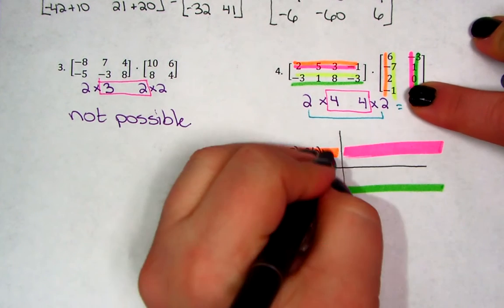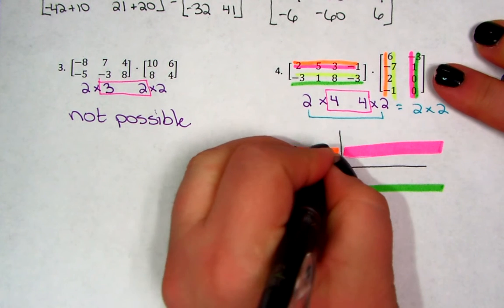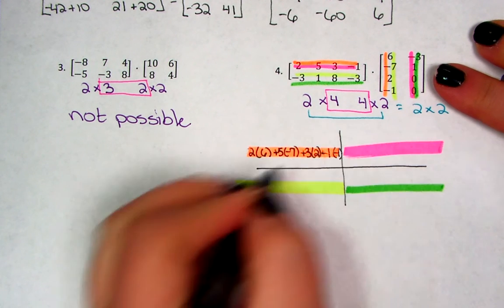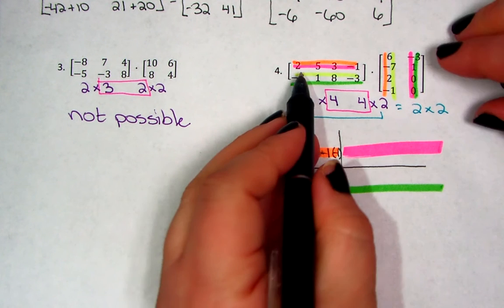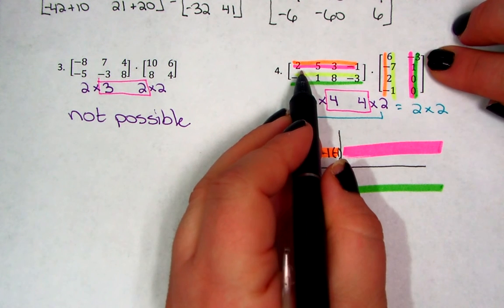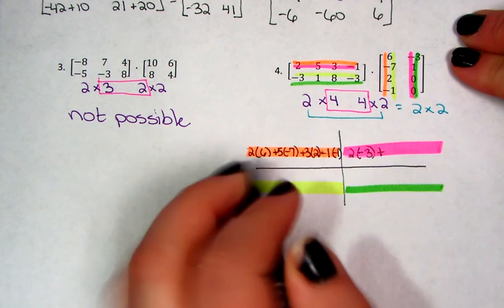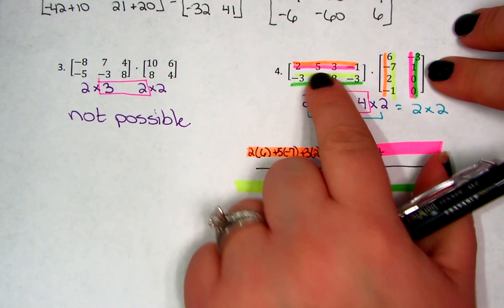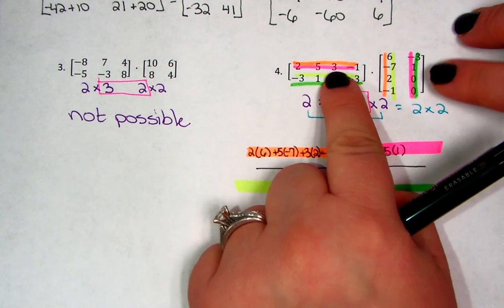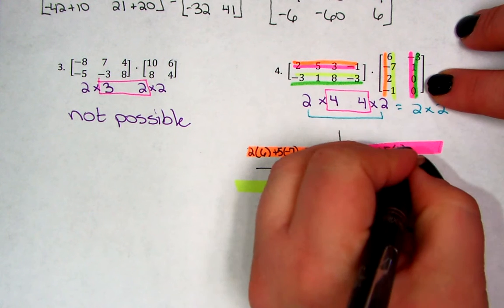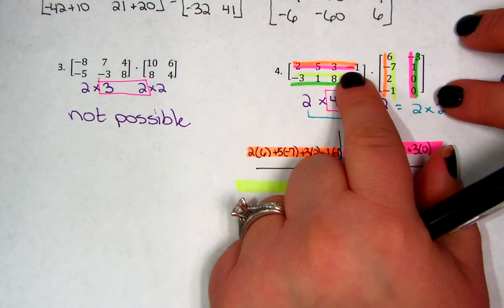And of course, the one time I write the plus is really what we want to do, minus 1 times negative 1. For the pink, we have 2 times negative 3 plus 5 times 1 plus 3 times 0 plus negative 1 times 0.